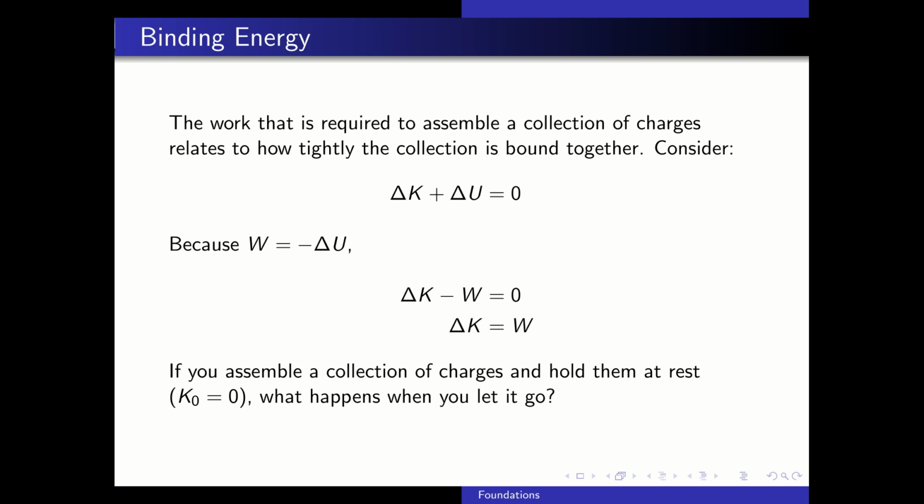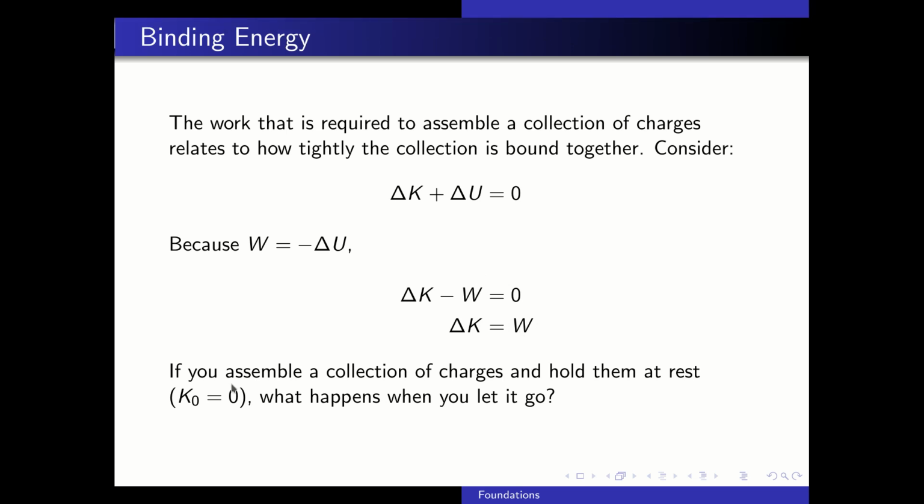The work done is equal to the negative of the change in potential energy. So we can rewrite this equation, delta K plus delta U equals 0, and replace delta U with a negative W, a negative work. And then we get down to essentially our work energy theorem, that the change in kinetic energy is equal to the work done.